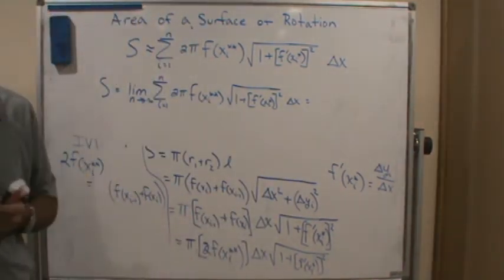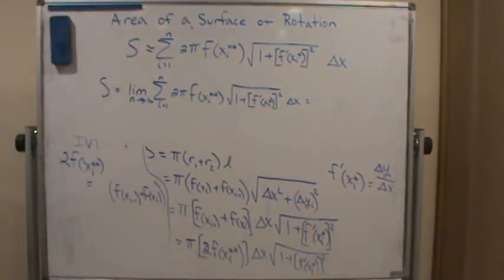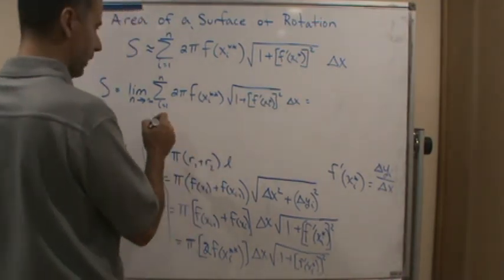Well, what's going to happen? Well, the same thing that usually happens every time we do these, and we're going to change things to integrals and then dx. And so this is what we get for our final formula.